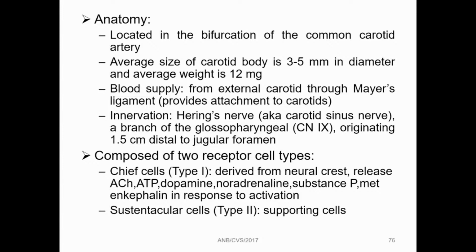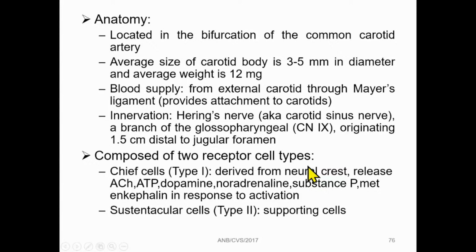Now there is one important thing. That figure you must have seen while studying respiration. They are composed of two types of cells. They are surrounded by two types of cells, what we call type 1 and type 2 cells. The type 1 cells are called the chief cells, and the type 2 cells are not as active as the chief cells, but these are glial cells, supporting cells, called sustentacular cells. The type 1 cells are derived from the neural crest, and what is their function?